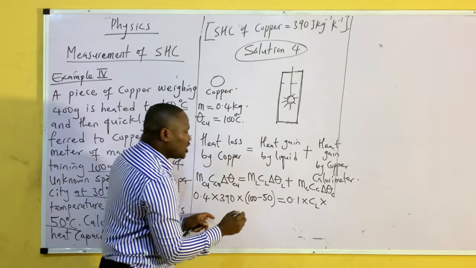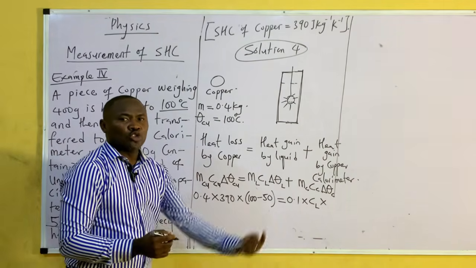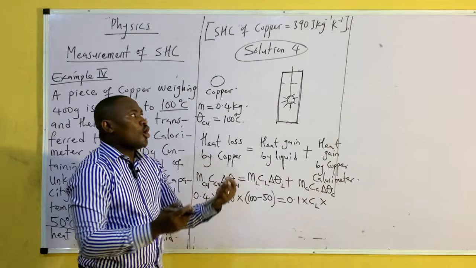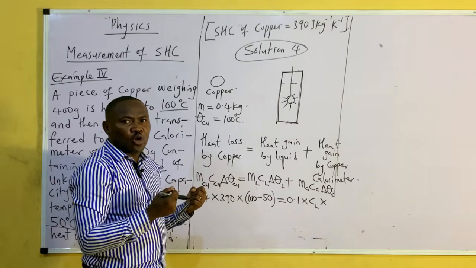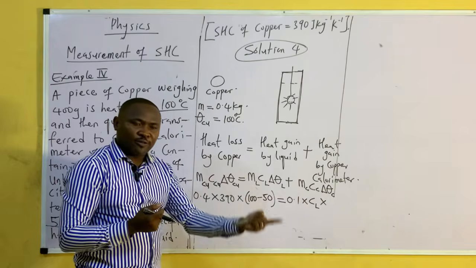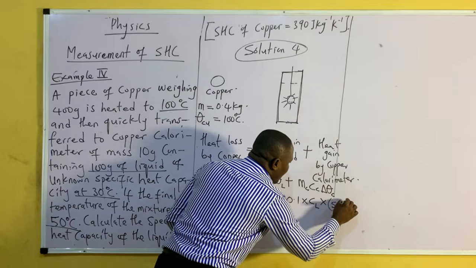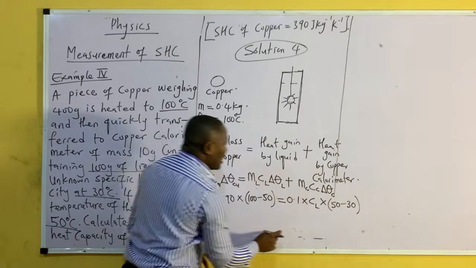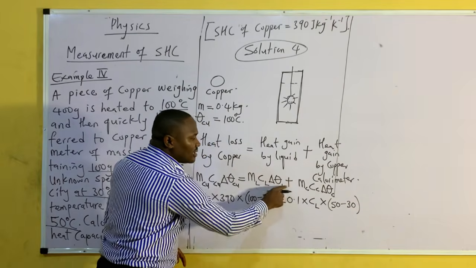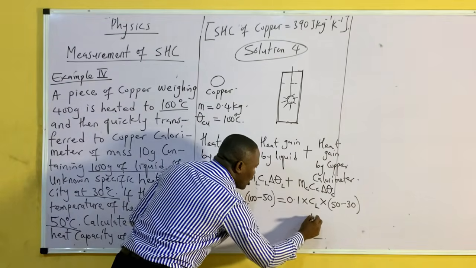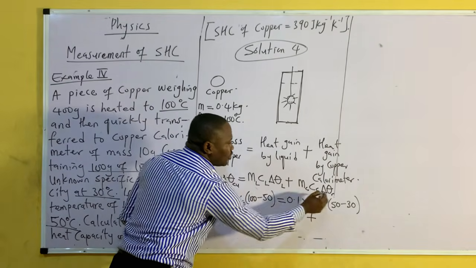So it's changing from 30 to 50. It was 30. On absorbing heat from the heated copper, it became 50. So it will now be 50 minus 30. Now this is for the liquid, plus that for the calorimeter.